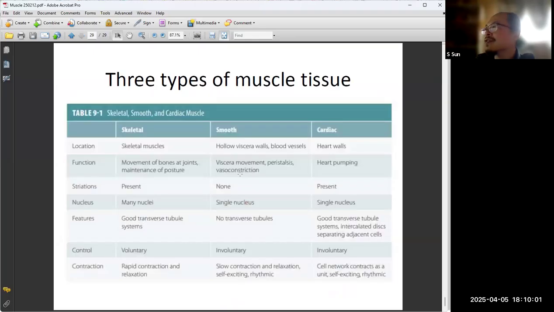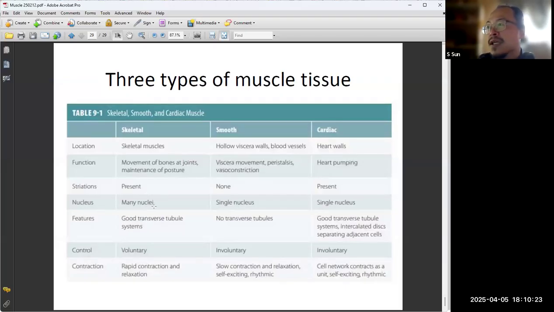All right. So this table summarizes the key differences among these three types of muscle. Skeletal muscle is attached to the skeleton. It controls bone movement at the joints. So body movement is basically voluntary control.